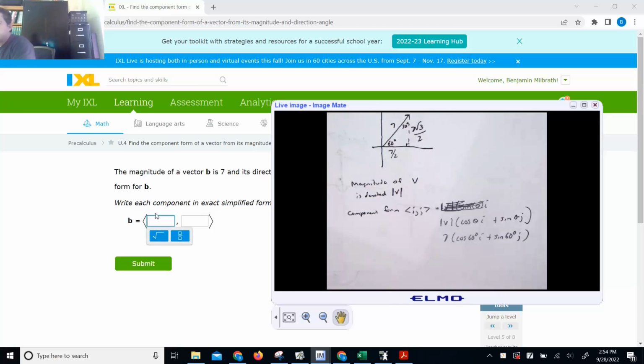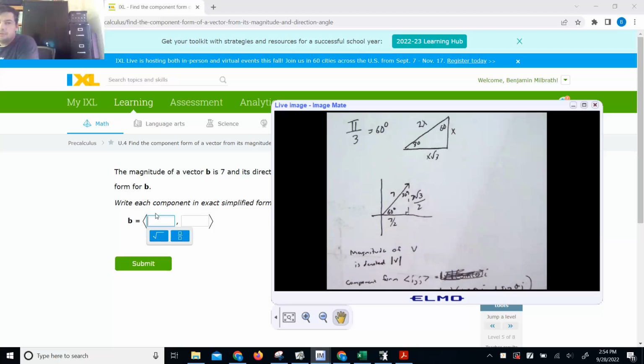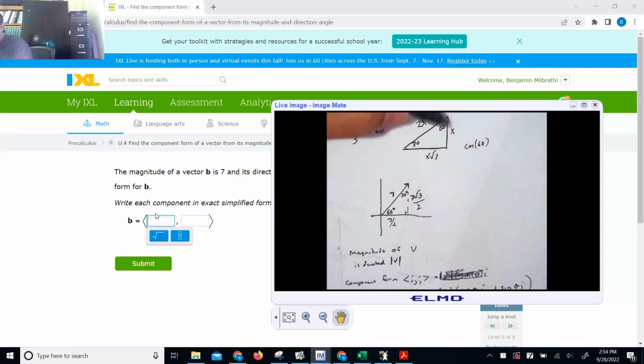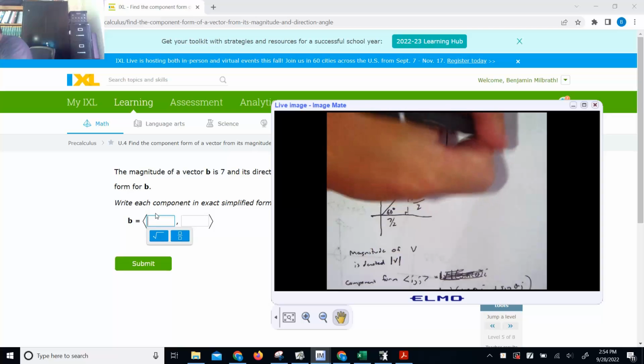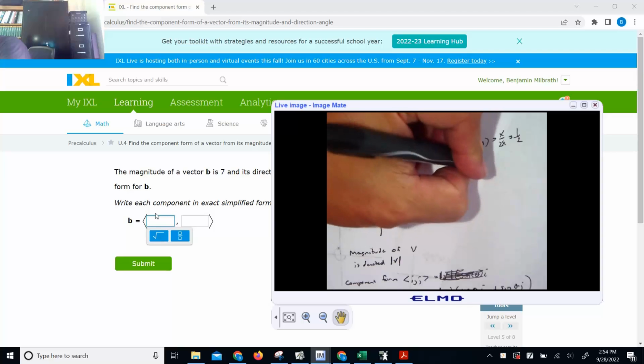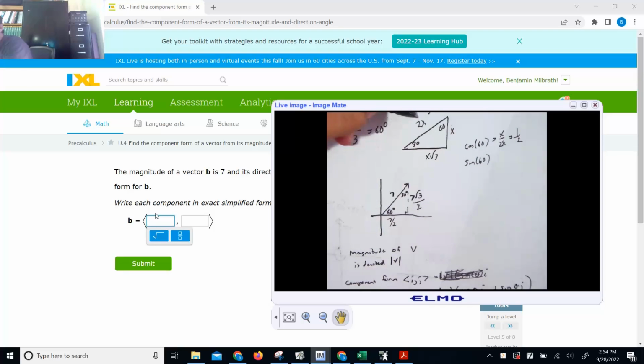Now, if you look up at your 30, 60, 90 triangle, the cosine of 60 is adjacent over hypotenuse. X over 2x is a half, right? The sine of 60, opposite over hypotenuse, ends up being root 3 over 2.